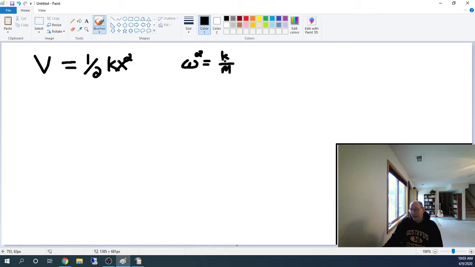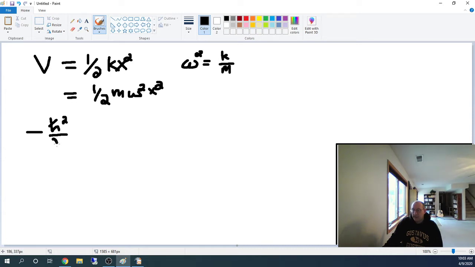That allows us to rewrite the potential energy as 1/2 times m omega squared times x squared. That's just replacing k. No problem there. So then the harmonic oscillator equation becomes negative h bar squared over 2m.